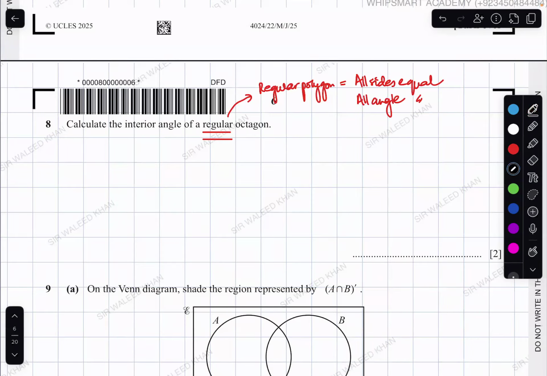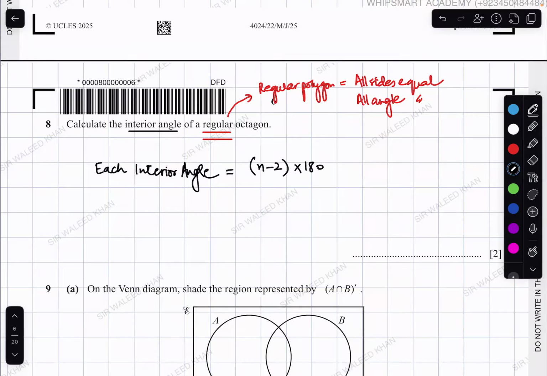So I can figure out the interior because they are saying calculate the interior angle. I can figure out a single interior angle, which is called each interior angle, using the formula of the sum of interior angles divided by the total number of sides. So that will be (n minus 2) times 180 over n.